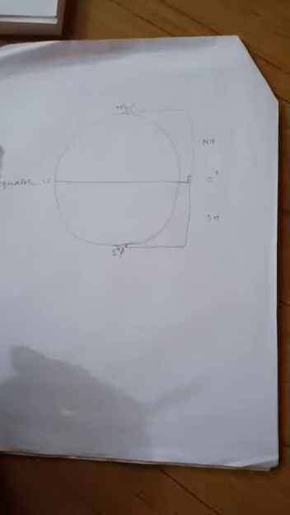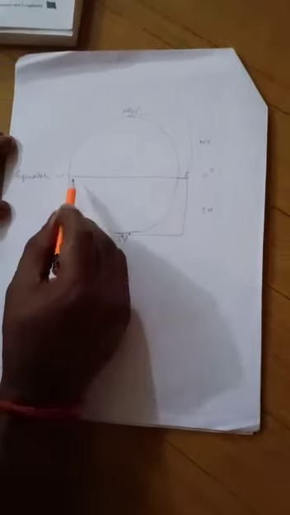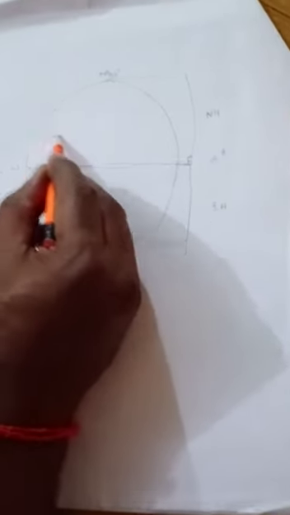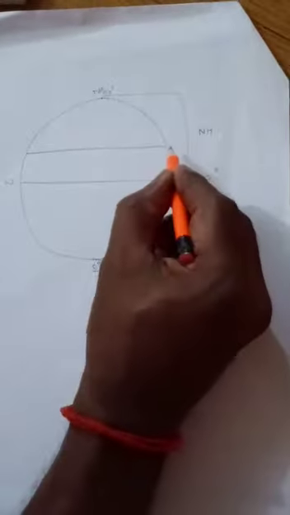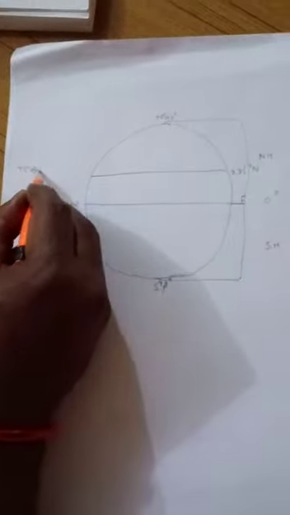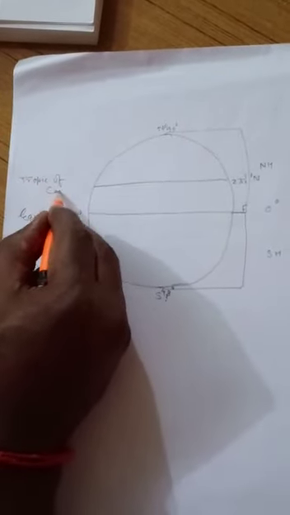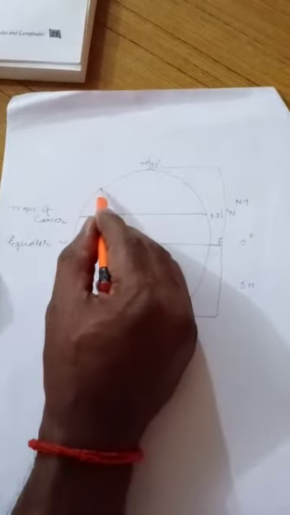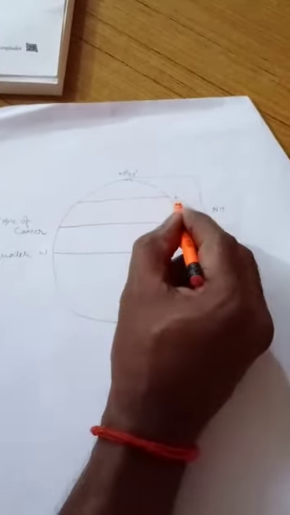Now 5 important latitudes are there. The first one we have seen, 0 degree, the equator. Above, in the northern hemisphere, another one is the 23.5 degree north, that is our Tropic of Cancer. This latitude has been named as Tropic of Cancer. Another one is the 66.5 degree north.